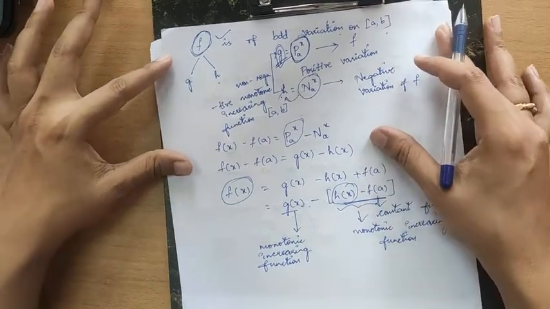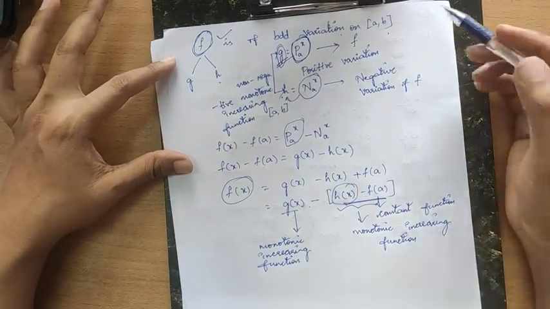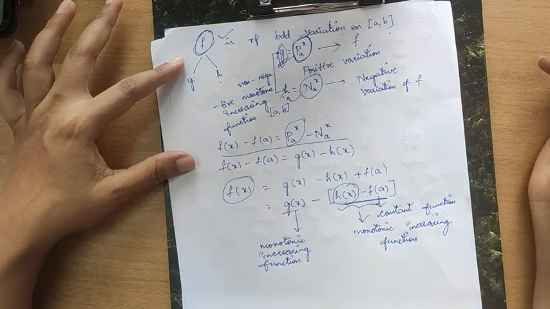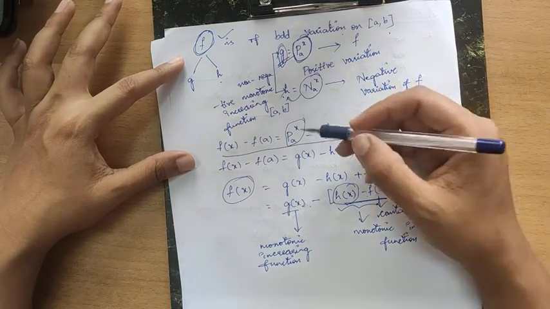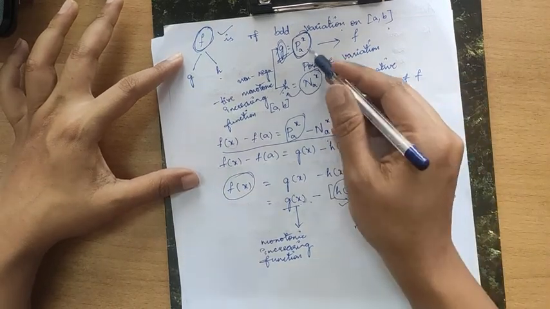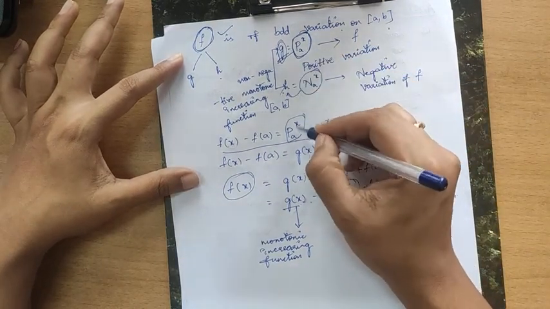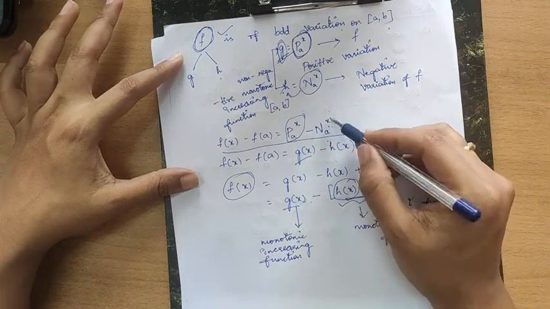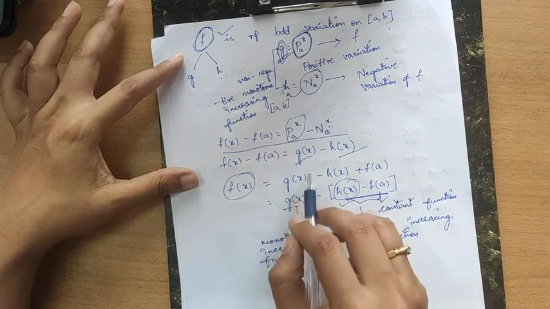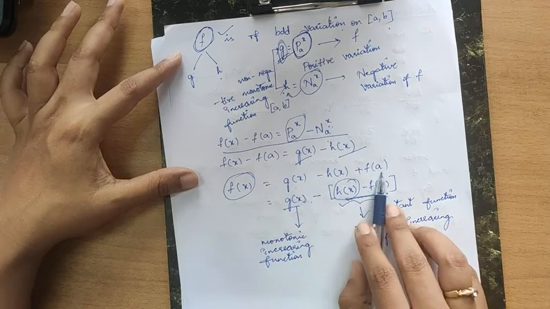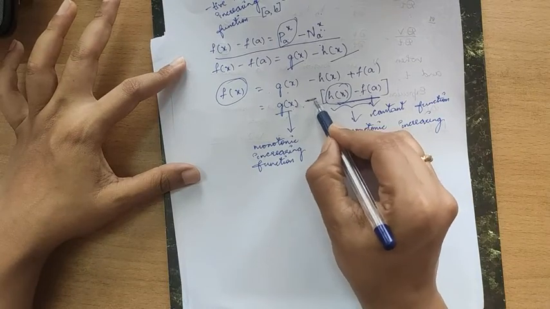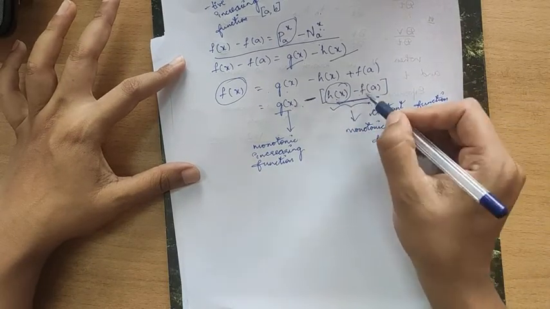So from the previous theorem we can write, if f is of bounded variation, then f of x minus f of a is equal to P a to x minus N a to x. From assumption we know P a to x is nothing but g of x and N a to x is nothing but h of x. So you can write f of x is equal to g of x minus h of x plus f of a. If I take minus outside, it will be g of x minus h of x minus f of a.